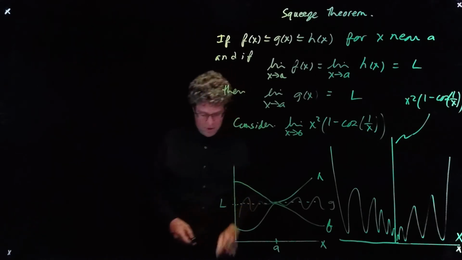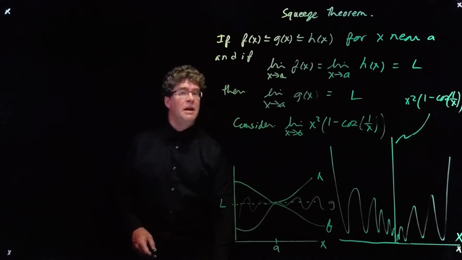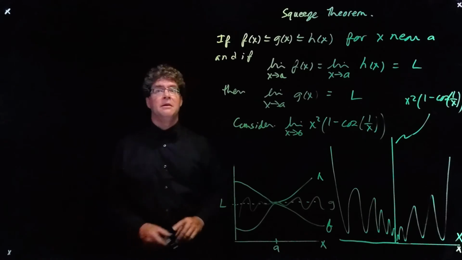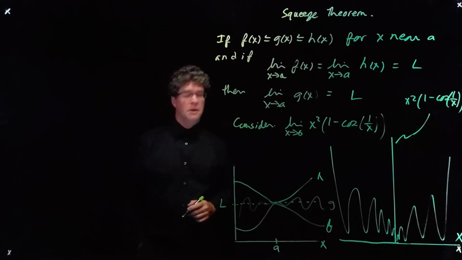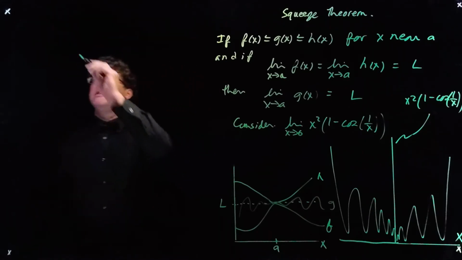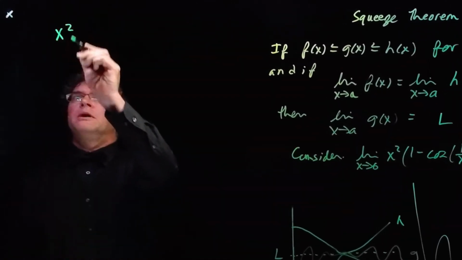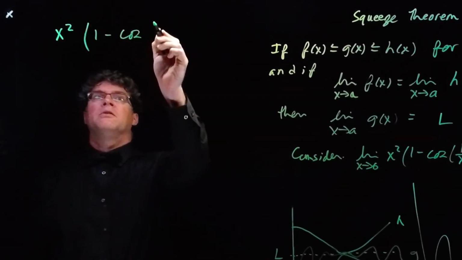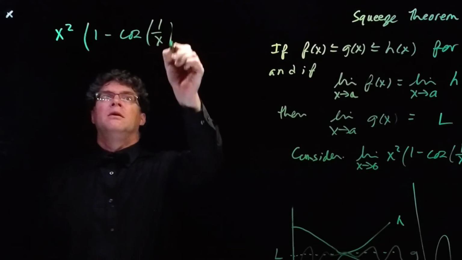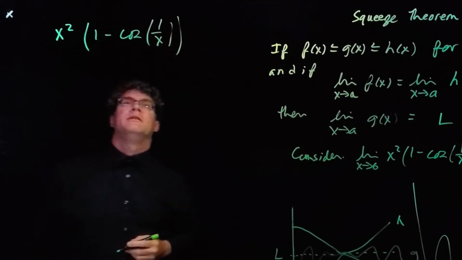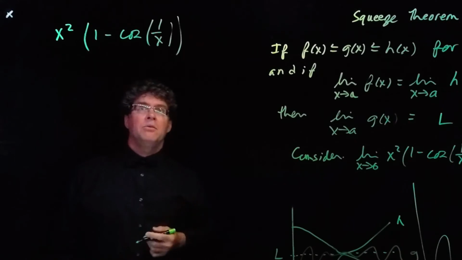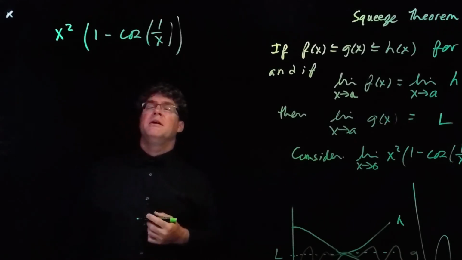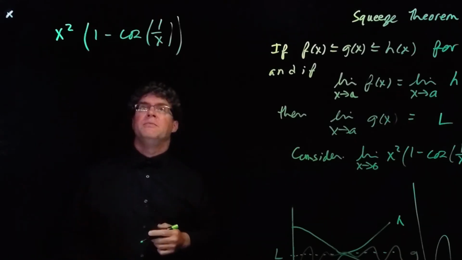And so what we need to do is to find an f and an h. So let's write the function over on this side. We have x squared times 1 minus cosine 1 over x. And so we need to deal with the cosine function.